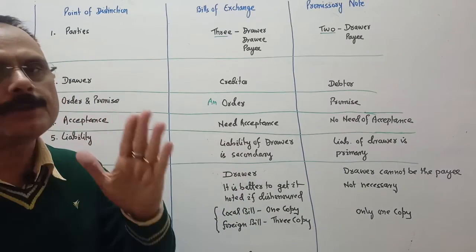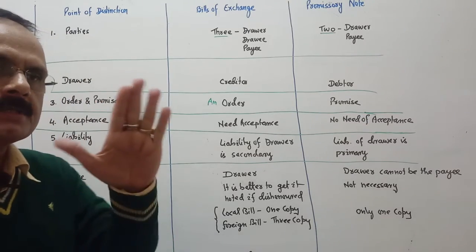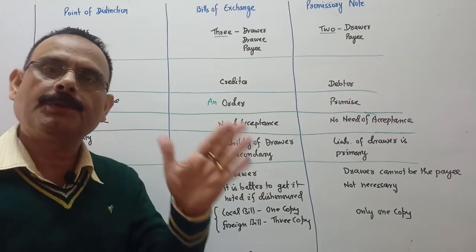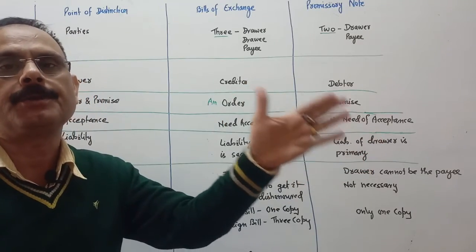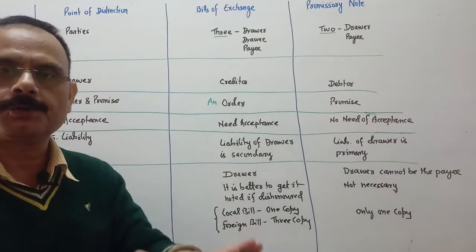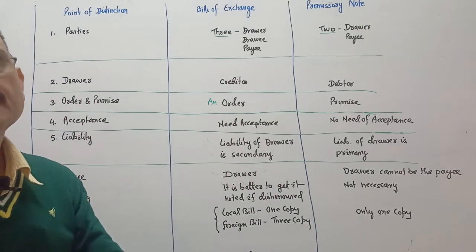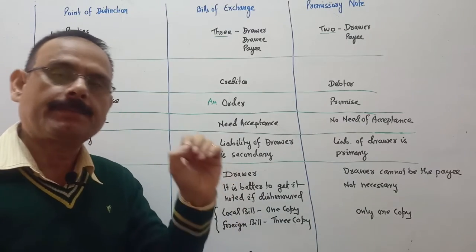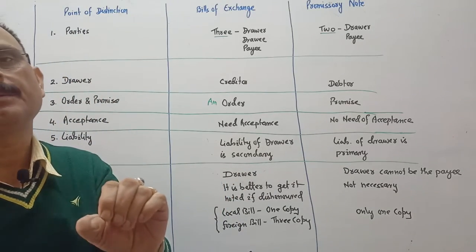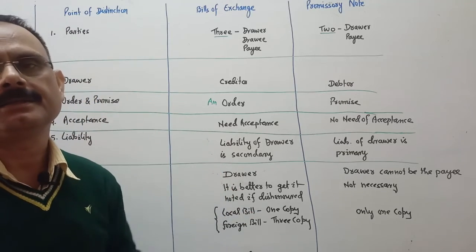So if the bill is dishonored, the first liability will be of the debtors. If the debtors, meaning the customer, fail to pay the amount, then the drawer's liability comes into account. So the drawer's liability is secondary.